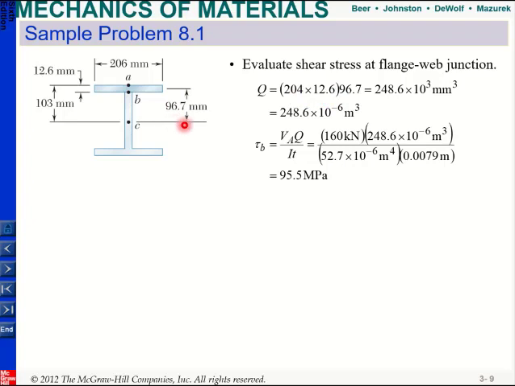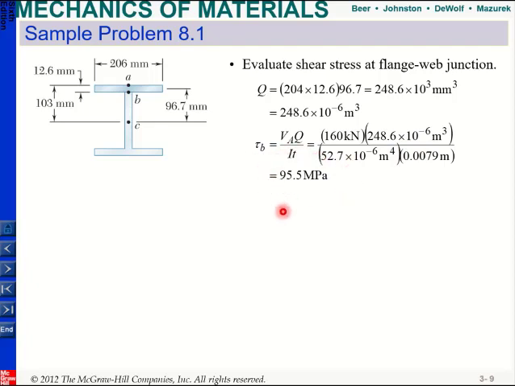And then the distance from the centroid of that area to C is 96.8. So if you do that, this is your Q. Then your shear stress is equal to the shear force times Q divided by I and T. I is already given, and T is the thickness of the web. So if you do that, this will be your shear stress.